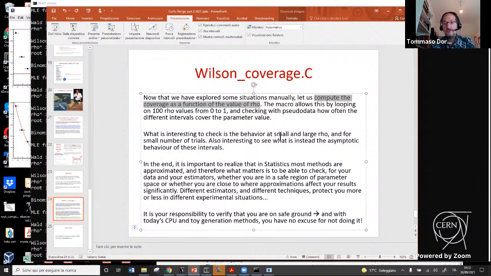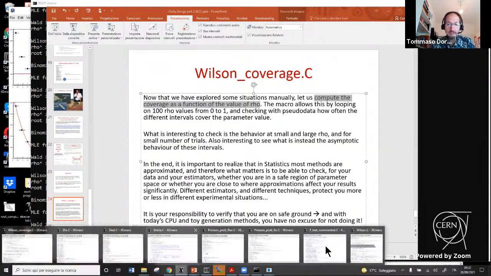We only give the number of trials that we make. That will be actually the ancillary variable that gives us a measure of the precision of our estimate of rho. And so we can test the coverage of the two intervals in different setups, okay?